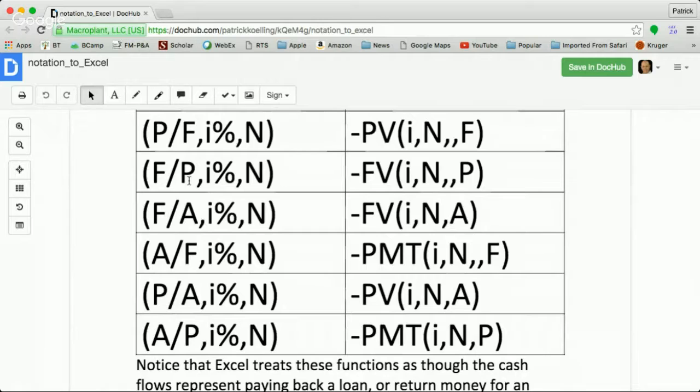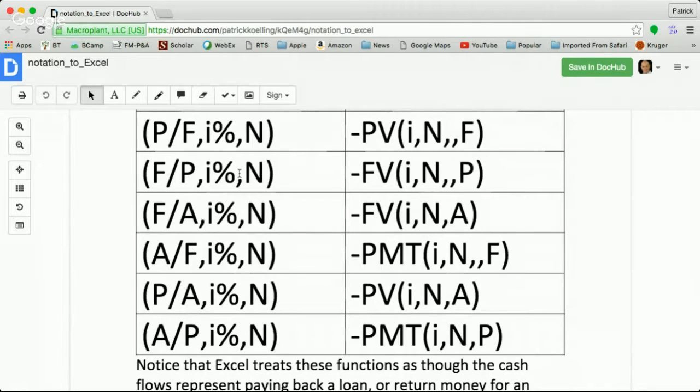So if we had $1,000 today, we would want to find what that value is perhaps 10 years in the future, given a particular interest rate, right? So that would be F given P. Let's stick with 5%, 10 years, 5% per year, right? 10 years.